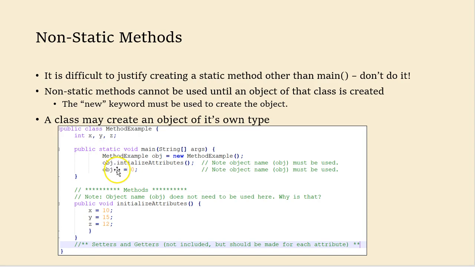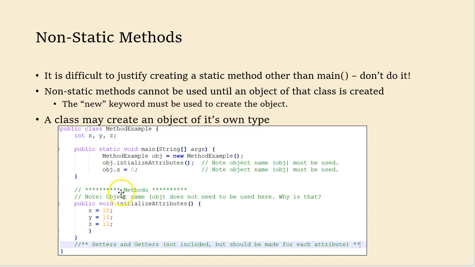Same thing here, obj.x. I have to actually name the object, and the reason is I could create obj1, obj2, obj3, and I have to specify which one I want to talk to. So here I just created one, but inside the main I have to do obj.x equals 0.